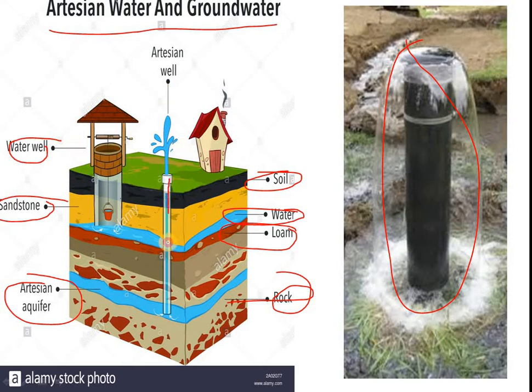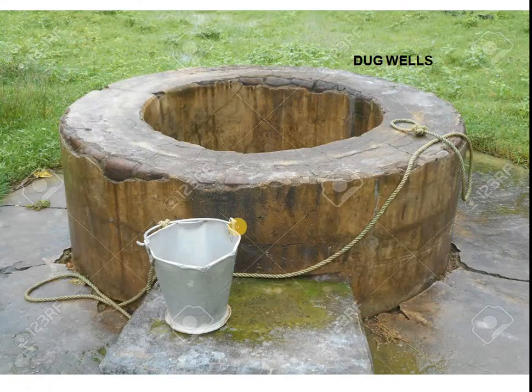So these are the artesian wells located up to the bottom of the artesian aquifer. The pipes will be dug and located at the bottom level. When the groundwater level increases, this water will come to the outside of the wells. This water will be used for certain uses.